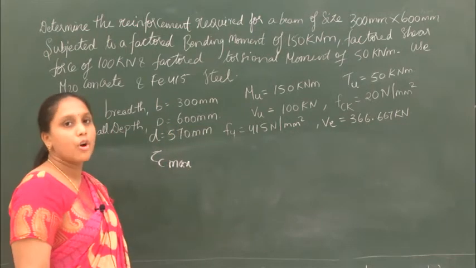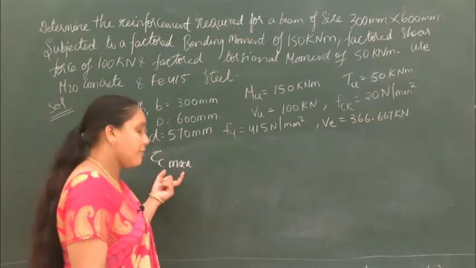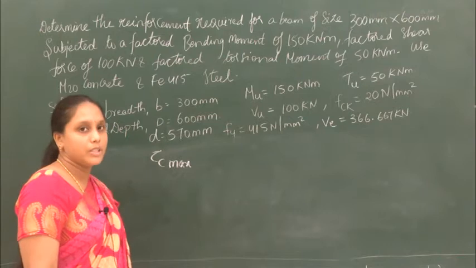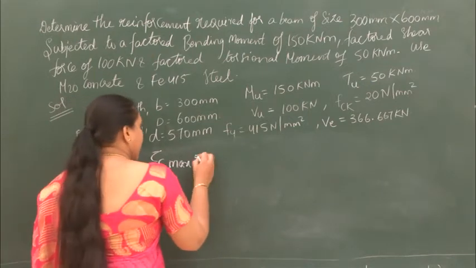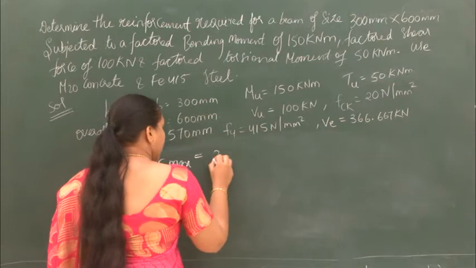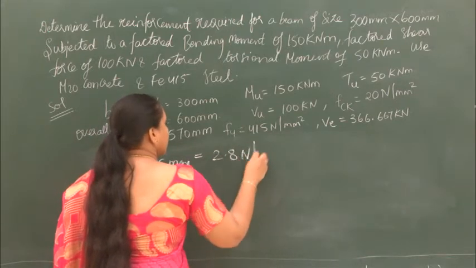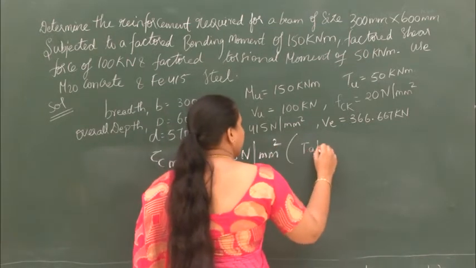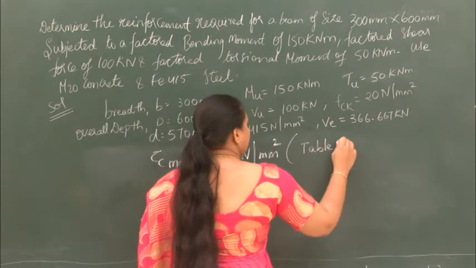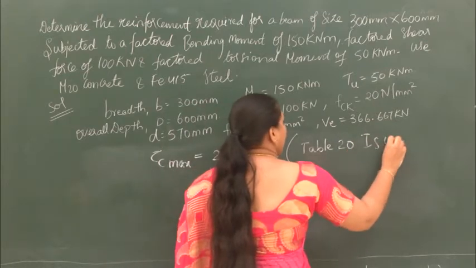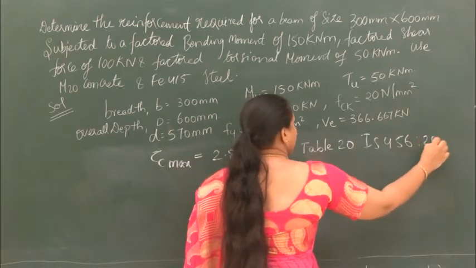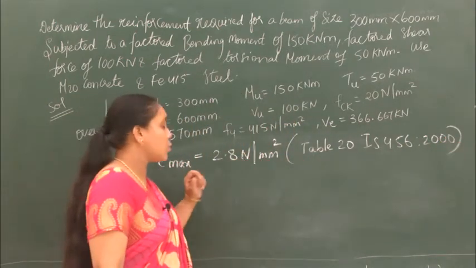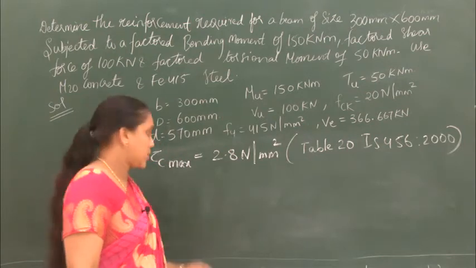So as the grade of concrete is M20, we check the corresponding tau C max value in table 20 of IS 456-2000, and you get a value of 2.8 Newton per mm square.